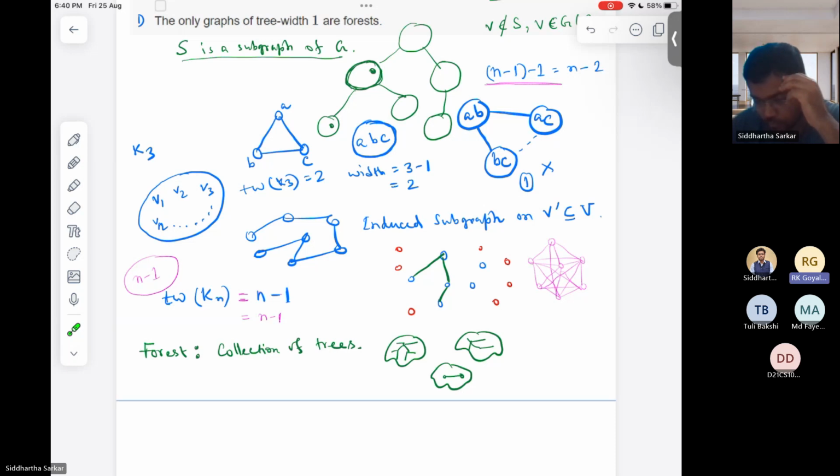So the minimum tree width is 2 if we have a cycle here. Therefore, tree width 1 can only happen in the case of a forest. Exactly, that is the correct argument.